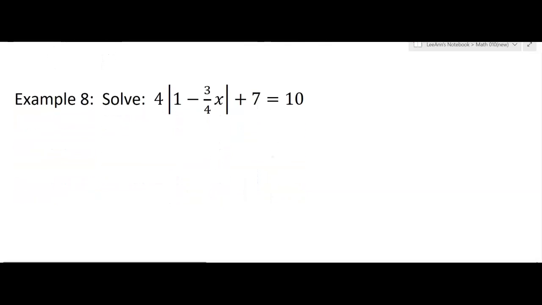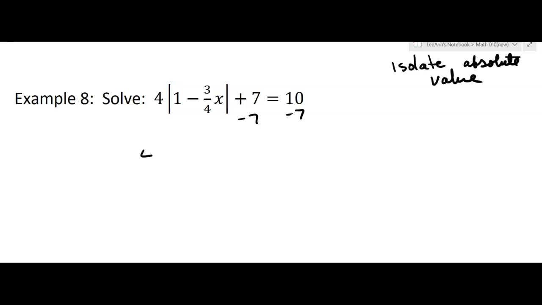Okay, so now look at that scary equation. Well, first isolate the absolute value. Okay, so we have this equation here. I'm going to subtract 7 from both sides. So I get 4 times the absolute value of 1 minus 3/4 x equals 3.